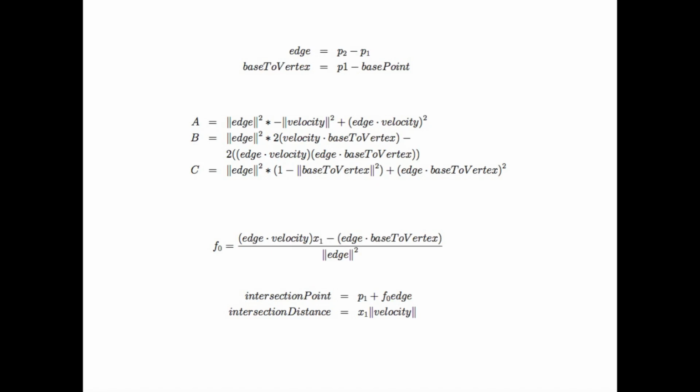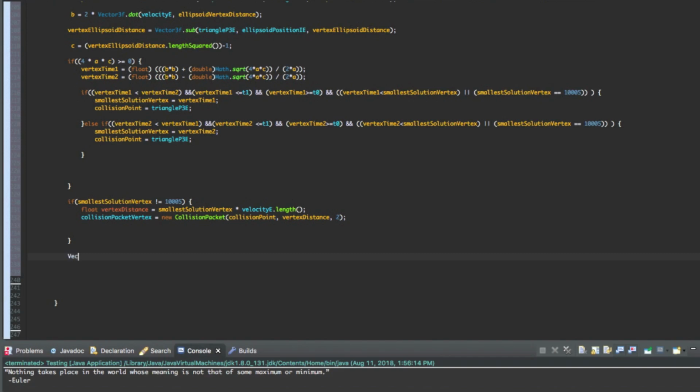All right, so let's jump back into it. We're going to have a similar architecture for our edge section as we did for the vertices section. So we'll need a new vector 3f for the edge. We'll need a vector 3f for the base to vertex. So that's the ellipsoid position to the point that is the base of the edge that we are going to construct. We'll need a vector for the edge intersection point.